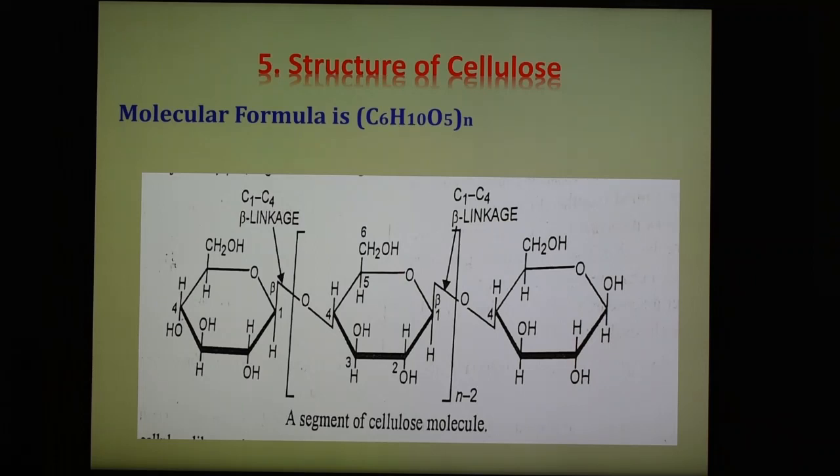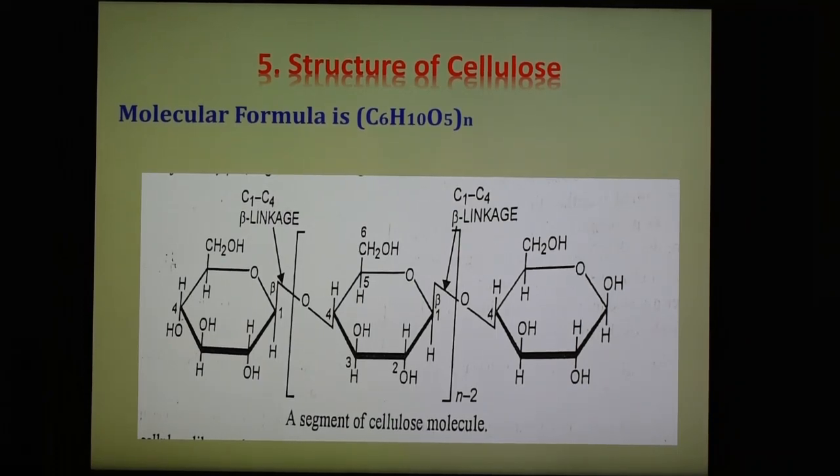It contains a number of glucose units when it undergoes hydrolysis. A large number of glucose units are formed, and the nature of linkage is also there, as shown here. Cellulose is made up of cellobiose units, and cellulose is similar to maltose, except that it is hydrolyzed by the enzyme emulsin. So the structure of cellulose is shown in the slide.